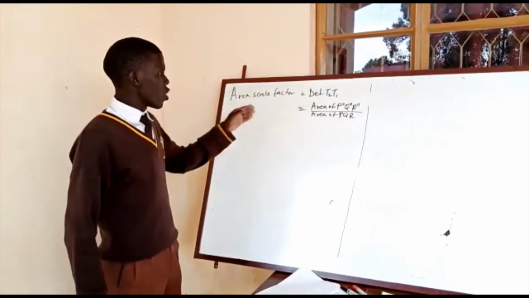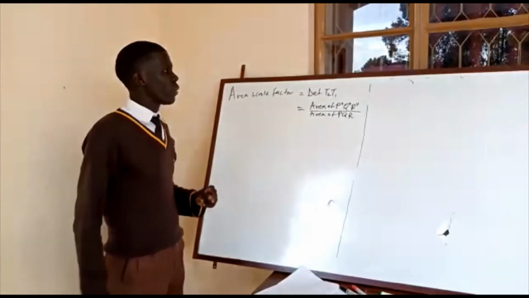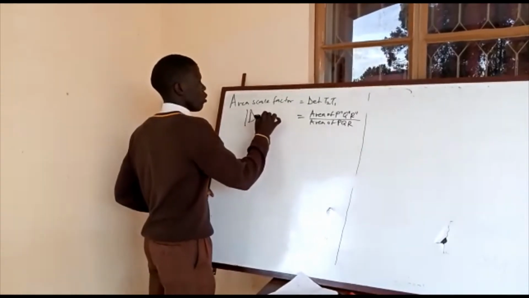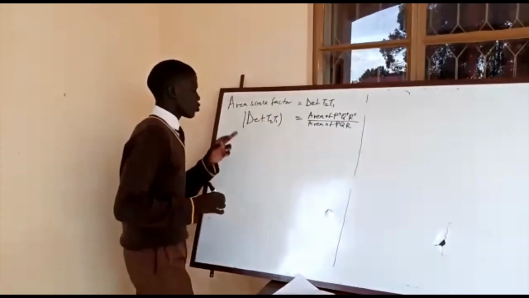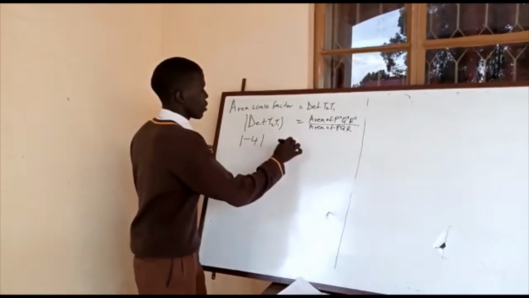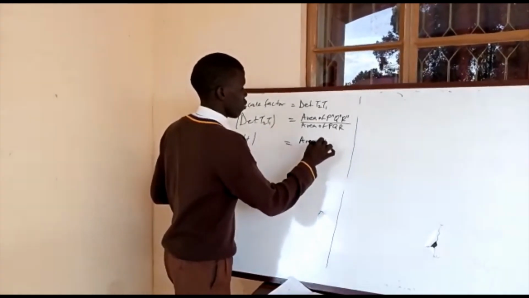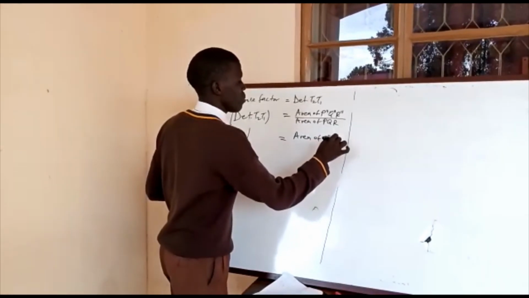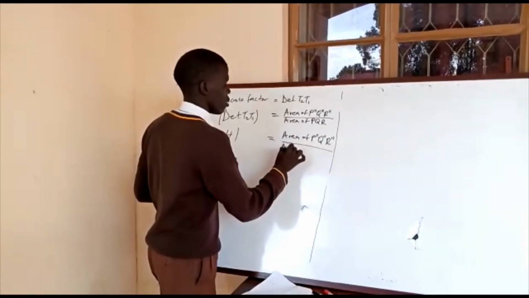Therefore, we have to get the magnitude of the determinant of T2, T1. So here, the magnitude of negative 4 will give us the area of P double prime, Q double prime, R double prime, out of the area of PQR.